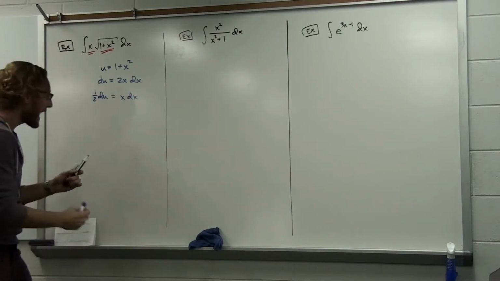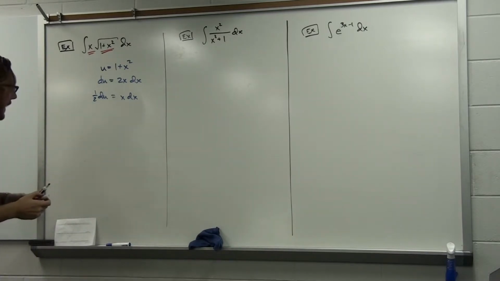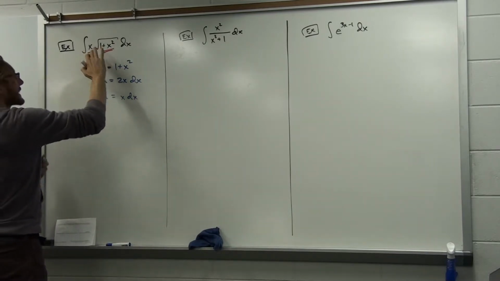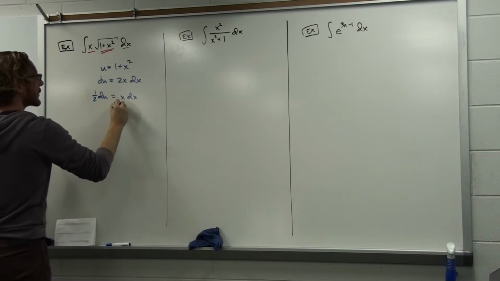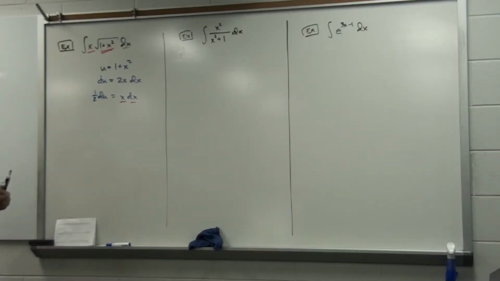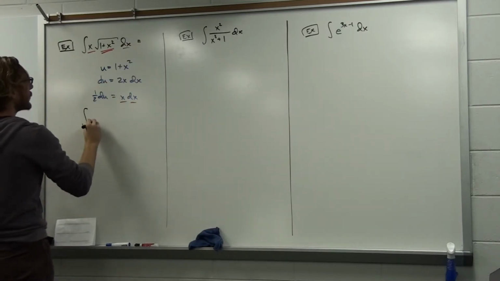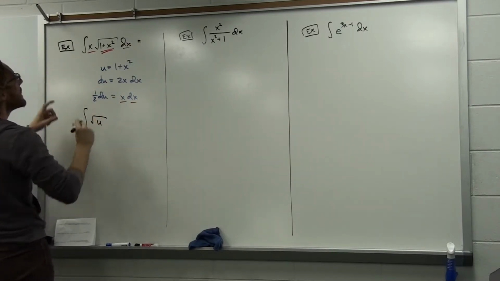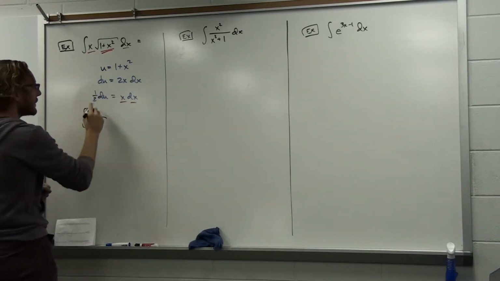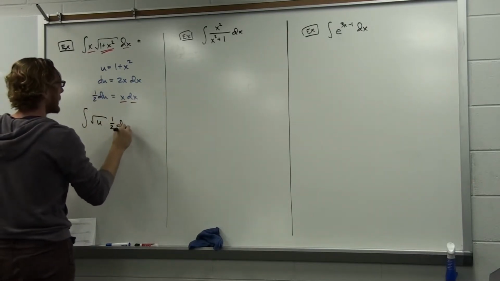And now you have a direct substitution because the x dx in your original expression is precisely a half du. So make the proper substitution. What's inside the square root becomes square root u, and what's outside becomes 1/2 du.